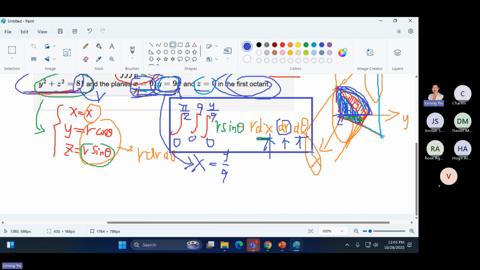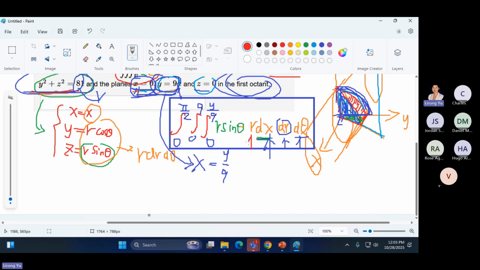My tendency to write on top of things kind of messes things up. That's the calculation part, the first integration. For x, our integrand has r, and we have to multiply by the extra r, so it's the integration of r squared sine theta. But when you're integrating that, you realize it has nothing to do with x.